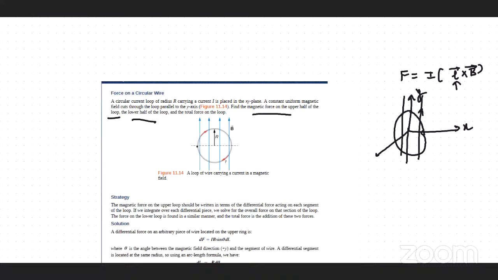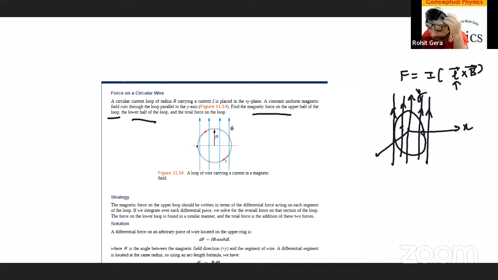Okay? So this is B. So you can see the B is J, vector J direction. Find the magnetic force in the upper half and the lower half.